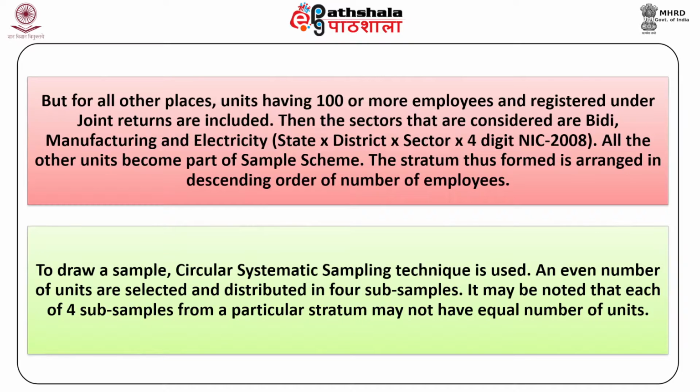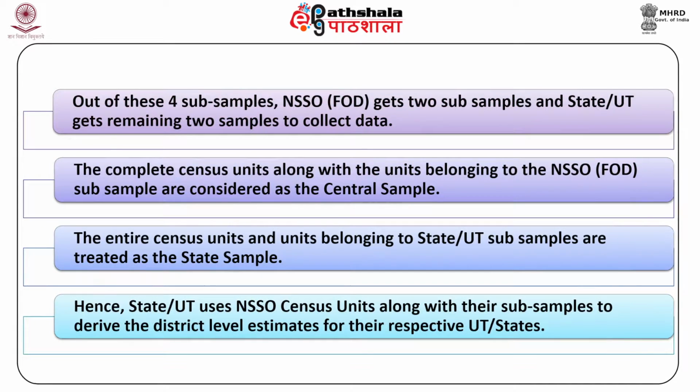An even number of units are selected and distributed in 4 subsamples. It may be noted that each of the 4 subsamples from a particular stratum may not have an equal number of units. Out of these 4 subsamples, NSSO gets 2 subsamples and the state UT gets the remaining 2 subsamples to collect the data. The complete census units along with the units belonging to the NSSO FOD subsample are considered as the central sample.